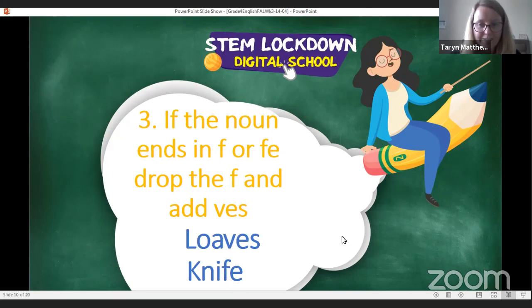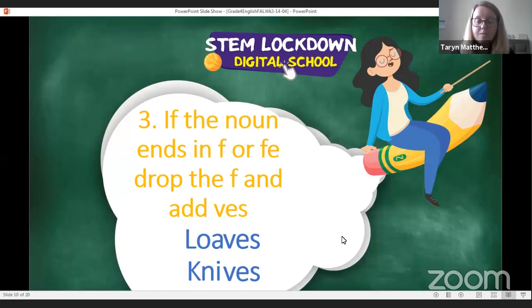Did you see that? Okay, Jenna has got a nice example there. Well done. Now, if I have knife, but I want to give more than 1 out, my rule says I take away the FE and then I add my VES. Good, some of you've got it.